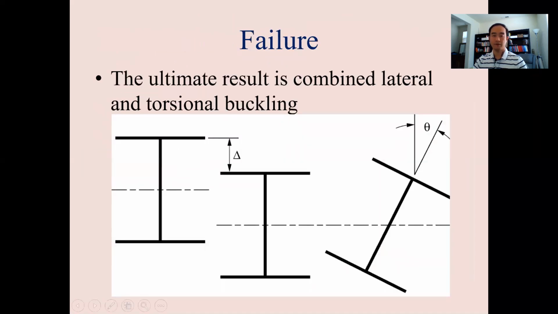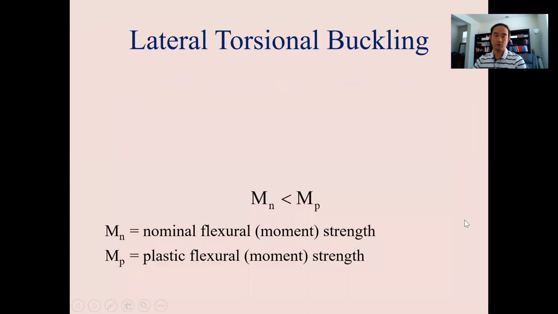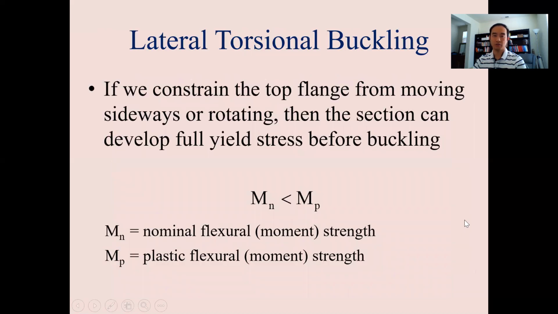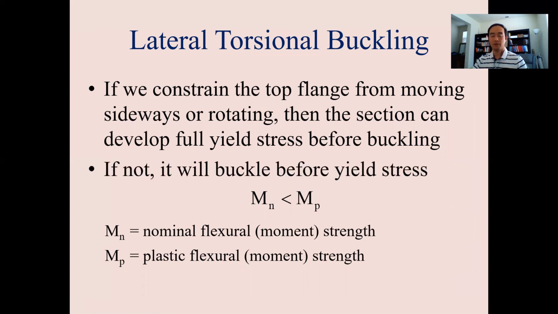So we have a little bit of translation downward, and then we have a rotational movement. That is called lateral torsional buckling. This is the main failure mechanism for the beams. And our M sub N is going to be less than M sub P. It could be equal to M sub P when the unsupported length is small.